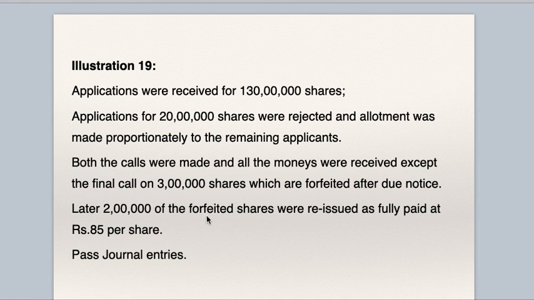Later 2 lakh of the forfeited shares were reissued as fully paid at rupees 85 per share. Out of 3 lakh forfeited shares, only 2 lakh shares they have reissued at 85 rupees per share as fully paid. We are supposed to pass journal entries.